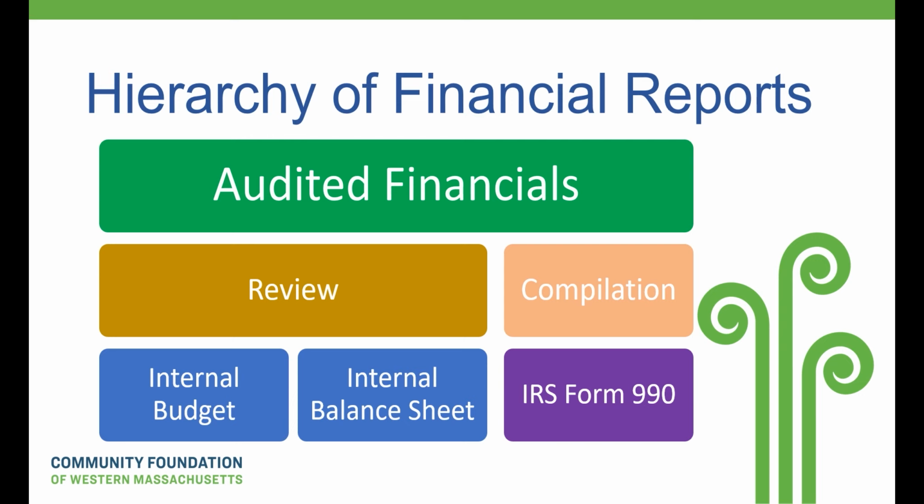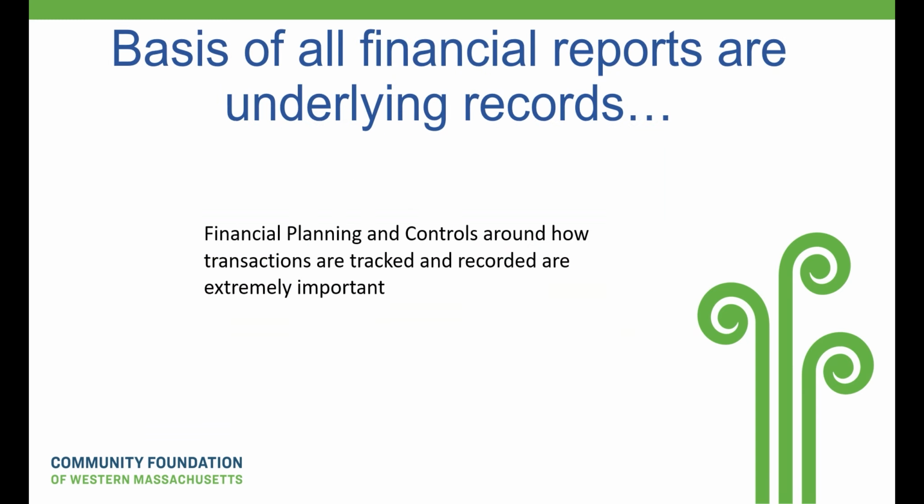And so again, depending on if they have that review tells you a little bit more about how much you can rely on them. The basis of all of the financial records that we just talked about are the underlying records, the financial planning that's gone on in an organization, the controls that have been put in place, and all of the background and supporting documentation related to those. So we're going to talk a little bit about that next.